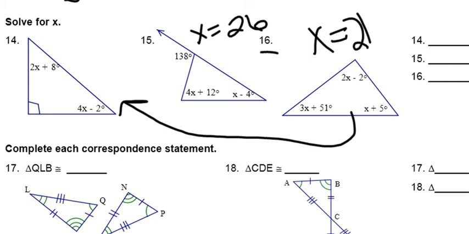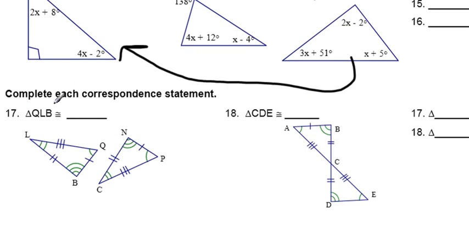Alright, for number 17 and 18, this is going to get us into congruent triangles. A correspondence statement is your congruency between the two triangles. Remember, you're matching angles to sides. So angle Q, we want to know what angle has the same markings as angle Q, and it needs to go here.